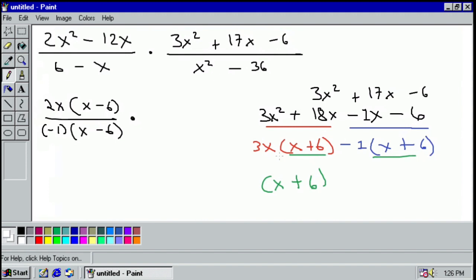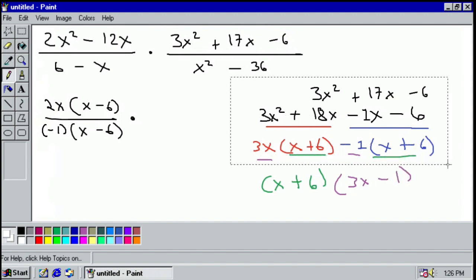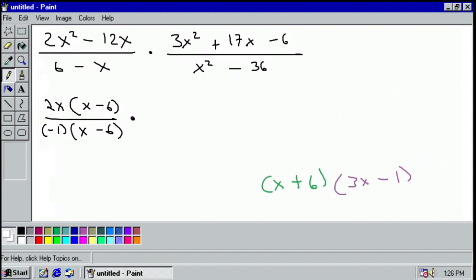And let's set up, wait. Let's set up parentheses here and here, so 3x here, and we have a negative 1. There we go. And we have here, so we have 3x plus 6 and 3x plus 1.